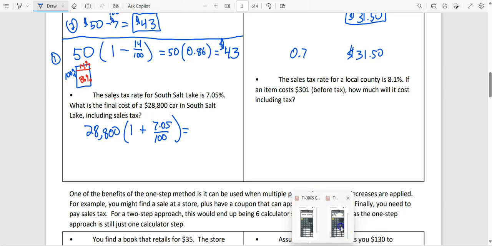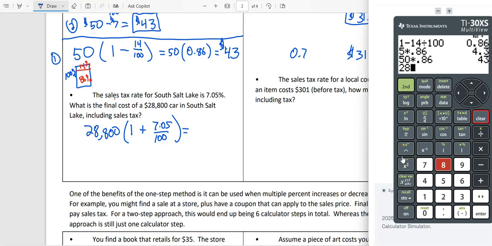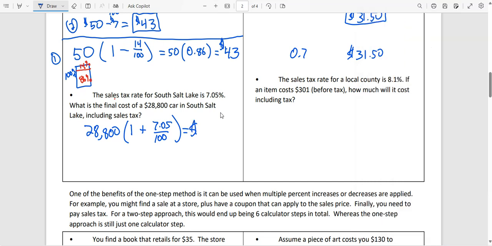So let's take a look at it. 28800 times, and we can use parentheses on our calculator, 1 plus 7.05 divided by 100, close parentheses. And one step gives us $30,830.40.